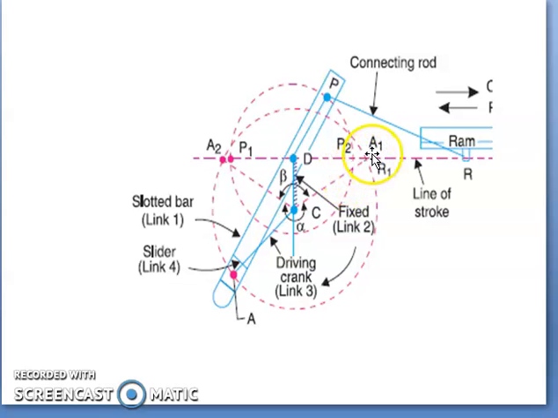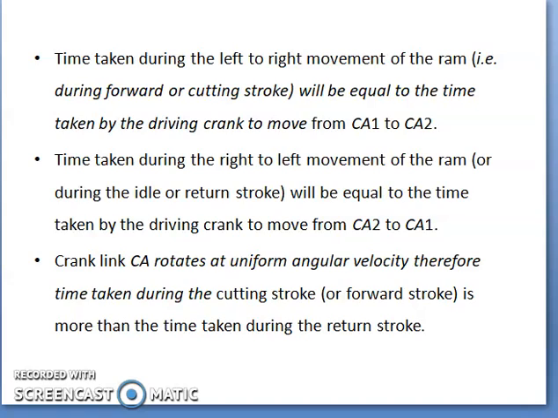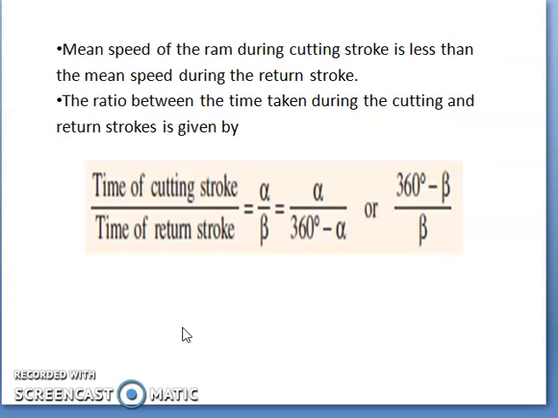At the same time, when it is moving from A1 to A2, that will be the time taken for the forward stroke. Since CA is rotating at a uniform velocity, the time taken during the cutting stroke is always more than the time taken for the return stroke.